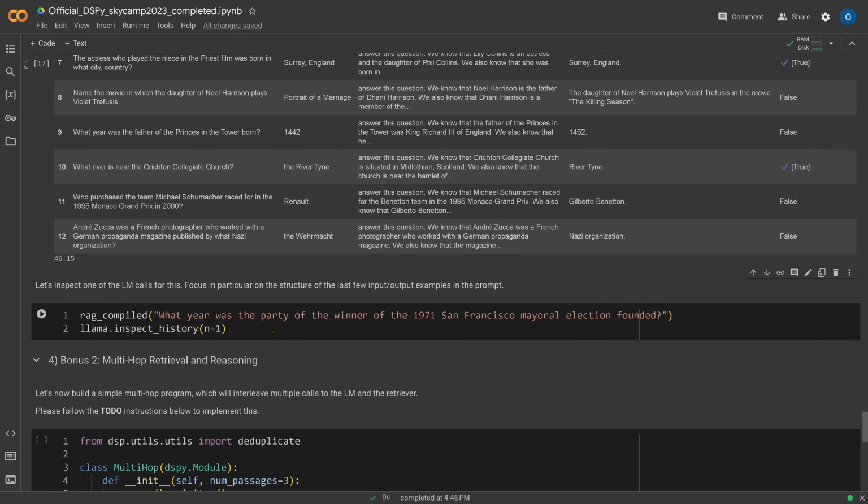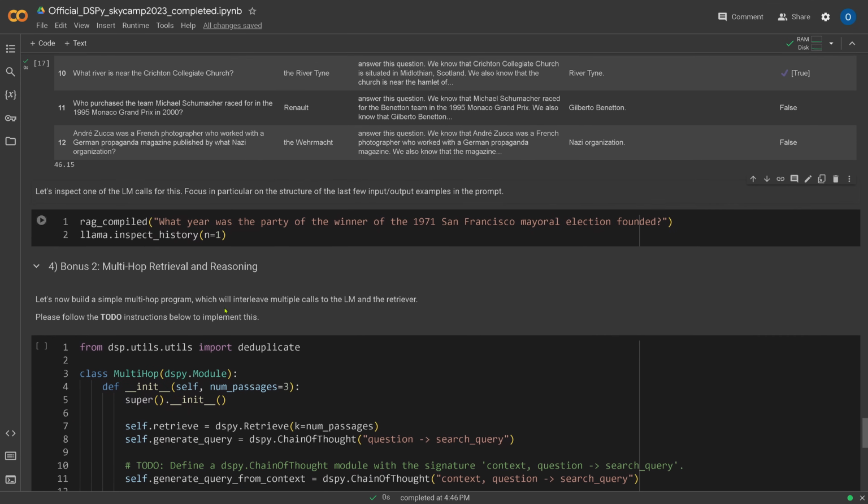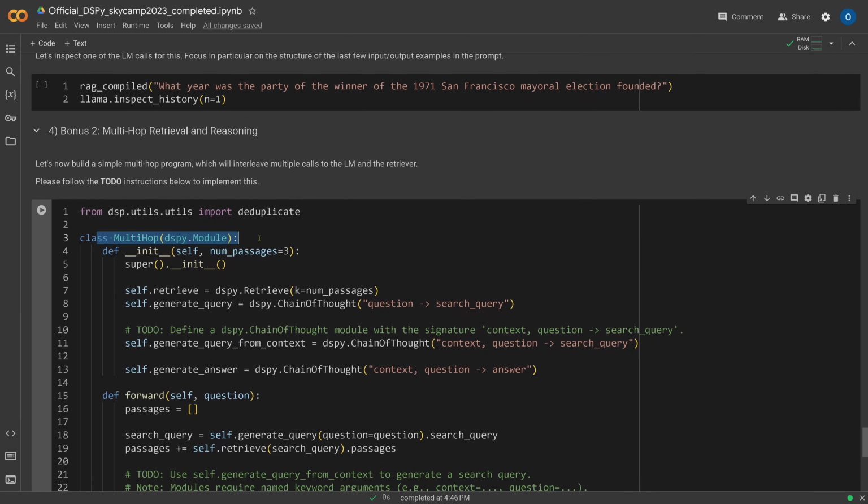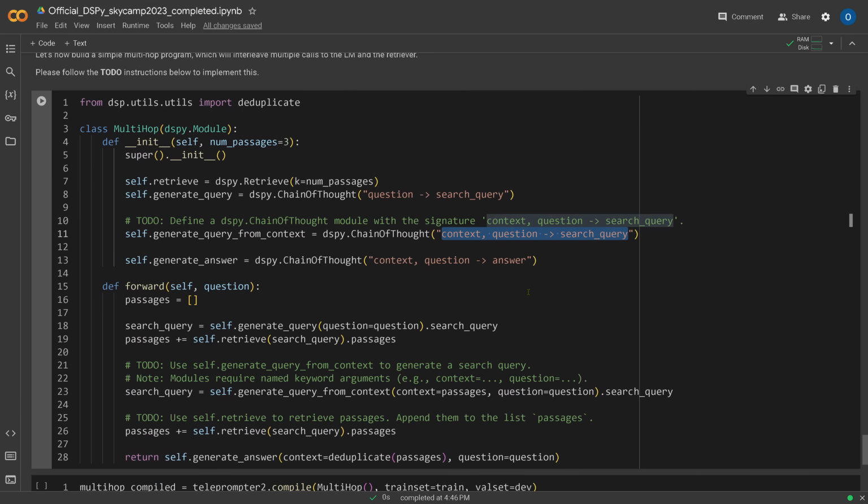Beautiful. And then multi-hop retrieval and reasoning. This is from the first part of this video. We can have here the class of a multi-hop as a model. You define how you put your models, for example, the chain of thought model together for a different signature, how you combine your Lego bricks here, how you build your query, your system, your answer.